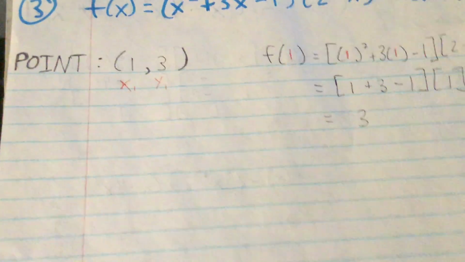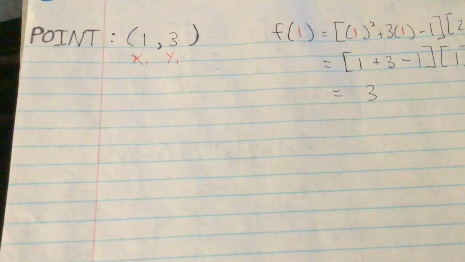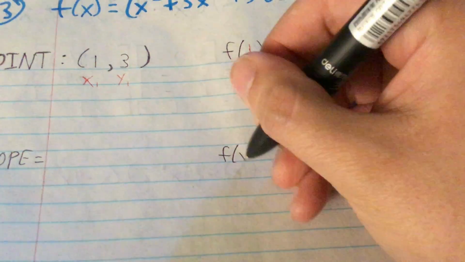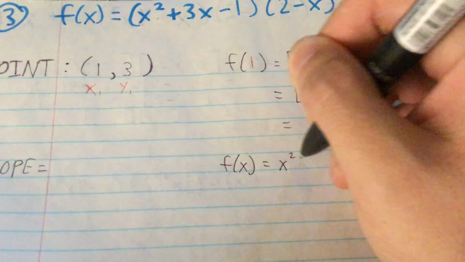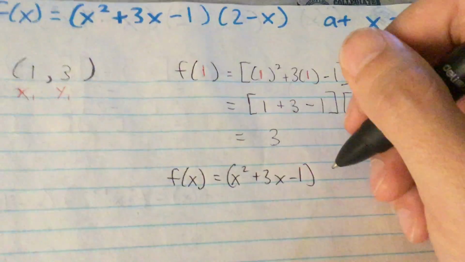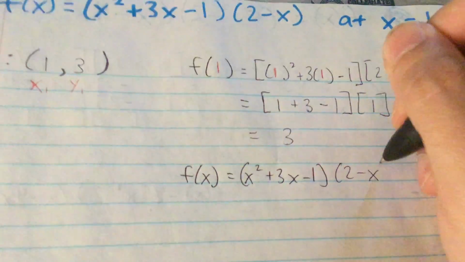Now, I want to figure out what the slope is. And in calculus, the slope is the derivative, the instantaneous rate of change. So recall that f of x is equal to x squared plus 3x minus 1 times 2 minus x. And I want to figure out f prime of x. Go back a couple chapters.